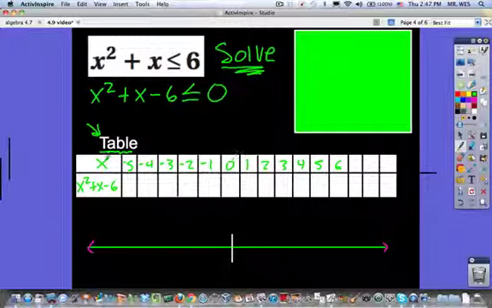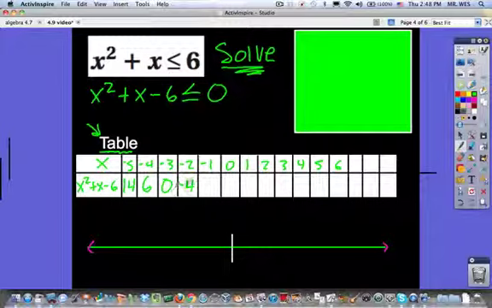You can keep going on and on, but those are the x's we choose, and then we plug them in. Plugging negative 5 into x squared plus x minus 6, we get 14. Plug in negative 4, we get 6. Negative 3, we get 0. Negative 2, we get negative 4.